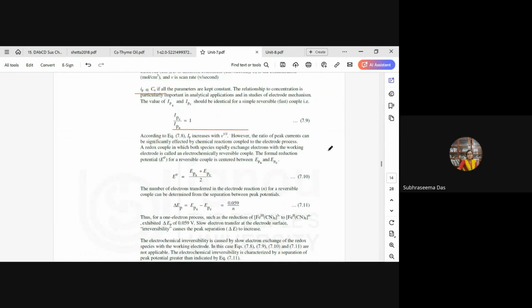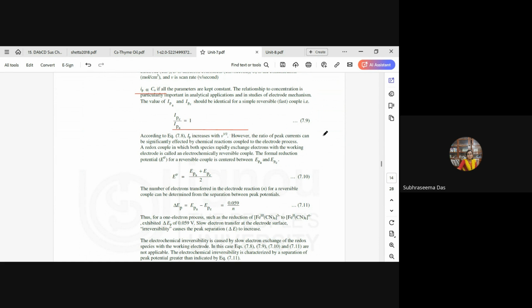However, the ratio of peak currents can be significantly affected by different types of chemical reactions that occur within the electrodes. A redox couple in which both species rapidly exchange electrons with the working electrode is called an electrochemically reversible couple.